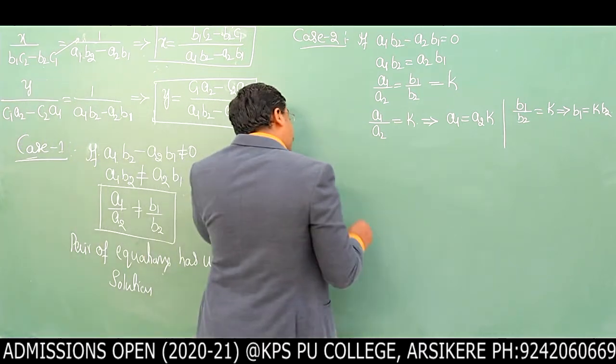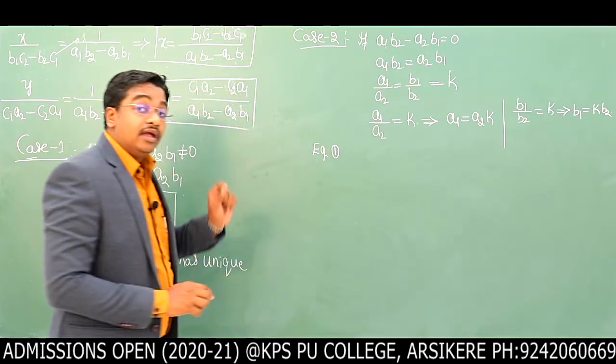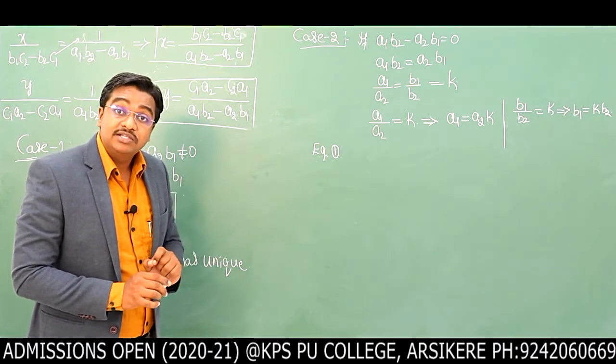Consider equation 1, which you have already written: a1x plus b1y plus c1 is equal to 0.